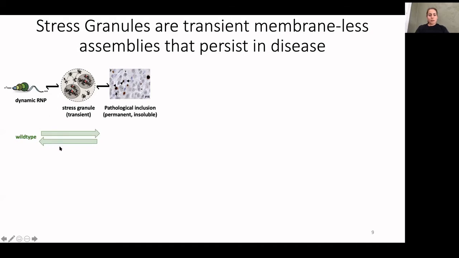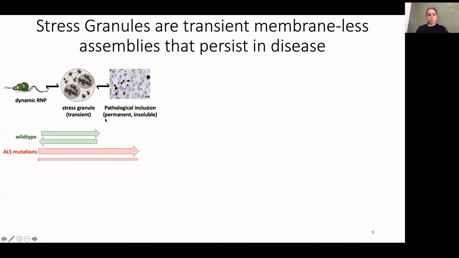So our lab has developed this model where we believe under normal conditions, this process, we know it occurs and it's transient. So once the stressful condition goes away, we can show that these granules will dissipate and translation resumes and things go back to normal. However, in the context of particular genetic conditions, or as we have shown in previous work, ALS-associated point mutations, you get over-aggregation of these granules where they form normally at the same rate that you would normally expect.